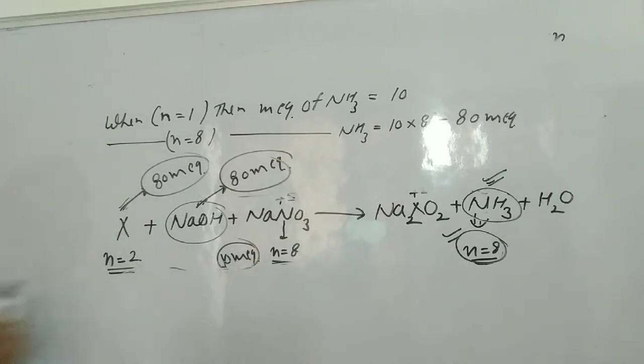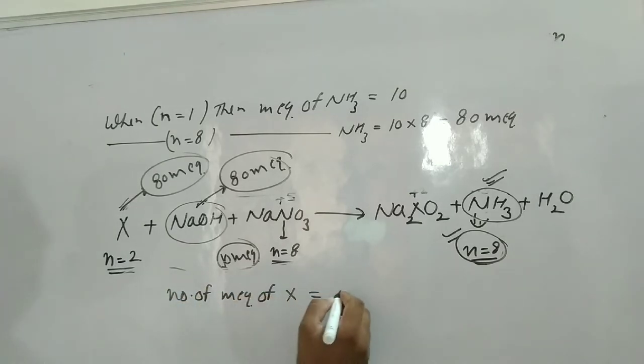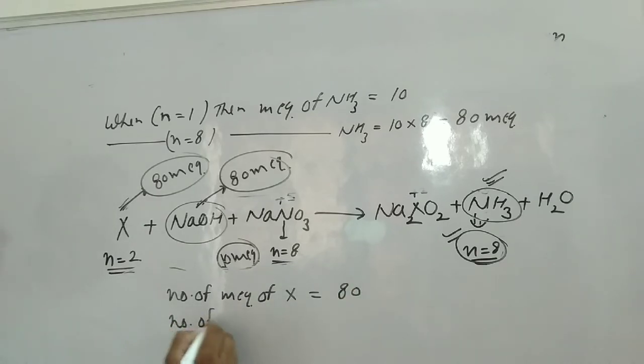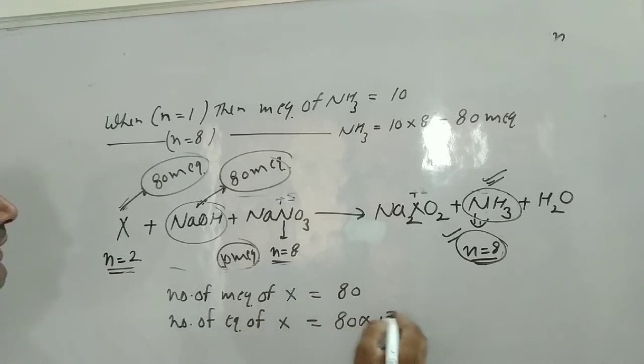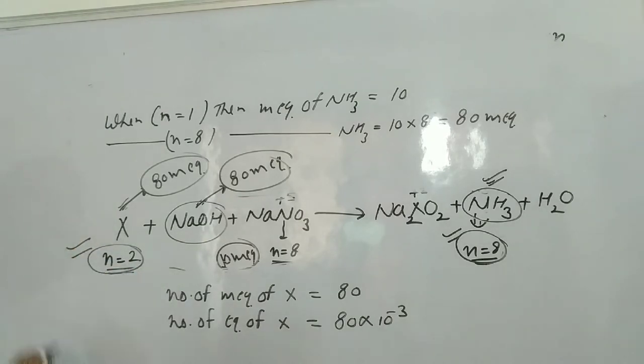Now we know that the number of milliequivalent of X is equal to 80. So the number of equivalent of X is 80 into 10 raised to power minus 3. Clear? Now the N factor of X is 2.